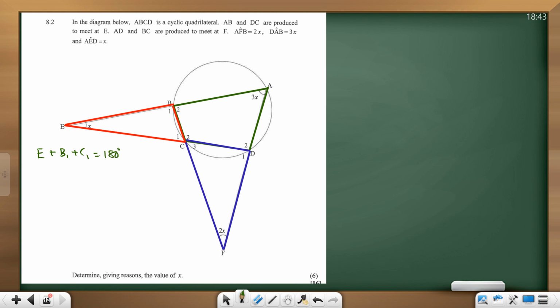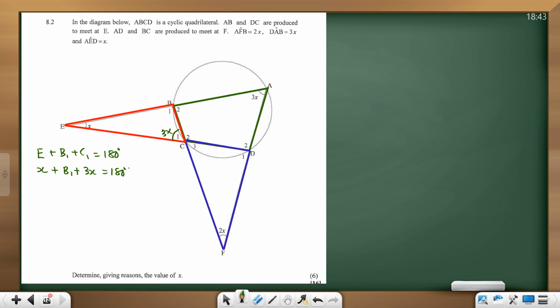Yes? Yes, sir. And now we know that C1 is equal to 3x, because the exterior angle of the cyclic quad is equal to the opposite interior angle. Can I do this for you already? Yes, sir.